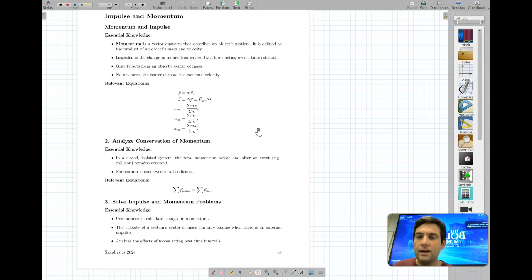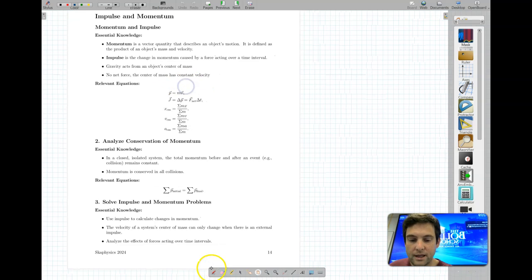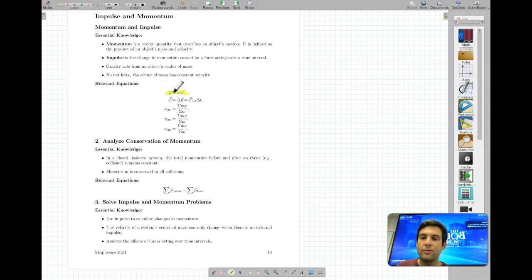Impulse and momentum. Momentum is a vector quantity that describes an object's motion. It's defined as the product of mass and velocity, as seen in our equation here. Impulse is the change in momentum caused by a force acting over a time interval. Gravity acts from an object's center of mass.